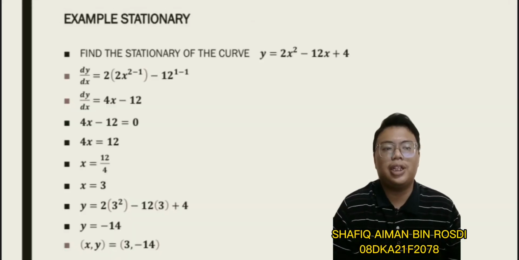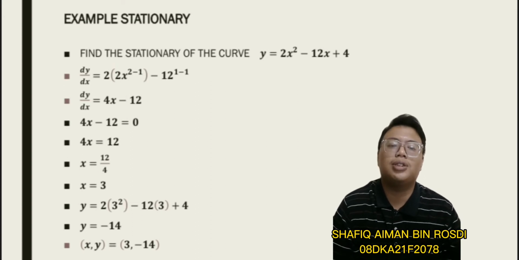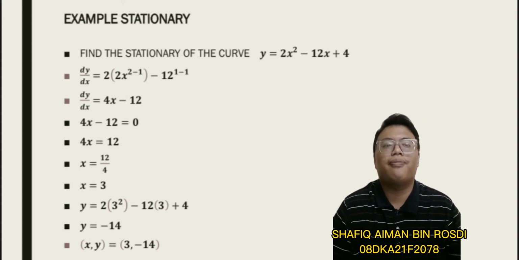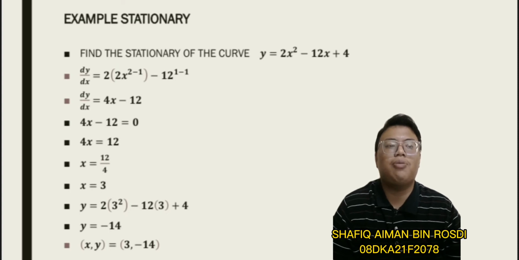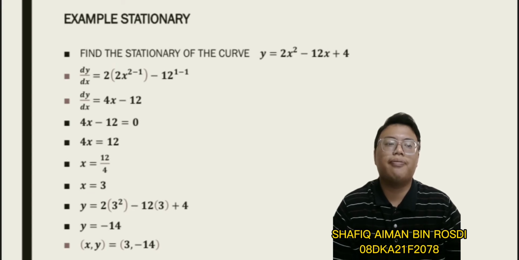Example of stationary point. The question is, find the stationary point of the curve y equal to 2x squared minus 12x plus 4. Firstly, you must bring the power down and put it in front. The first step is dy/dx equal to 2(2)x^(2-1) minus 12(1).